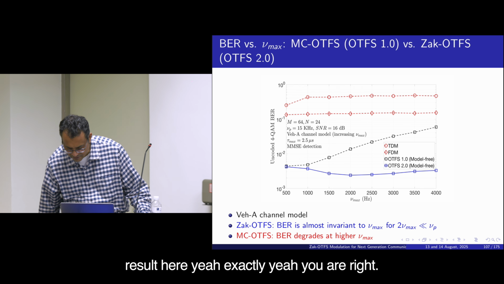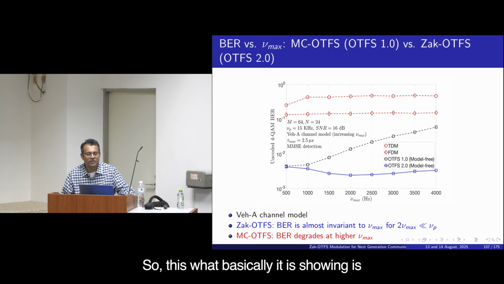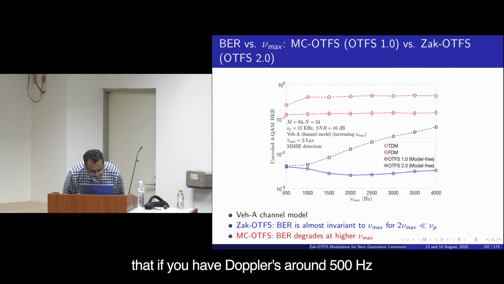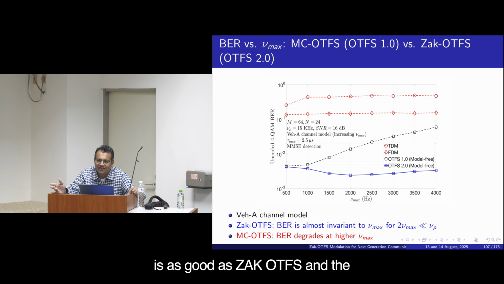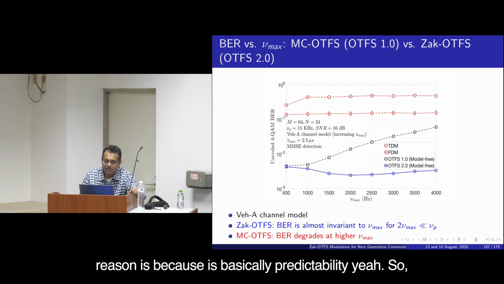Yeah, exactly, you are right. So what this is basically showing is that if you have Dopplers around 500 hertz, it is not a problem. MC-OTFS is as good as ZAAC OTFS, and the reason is predictability.